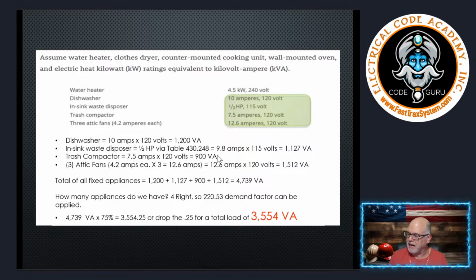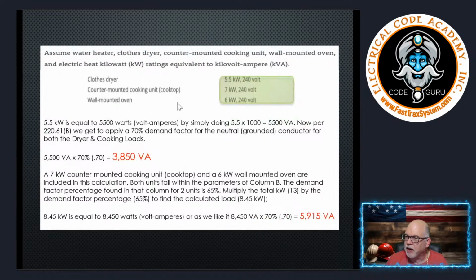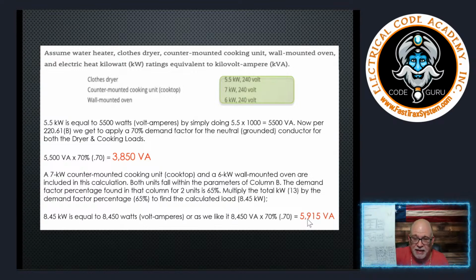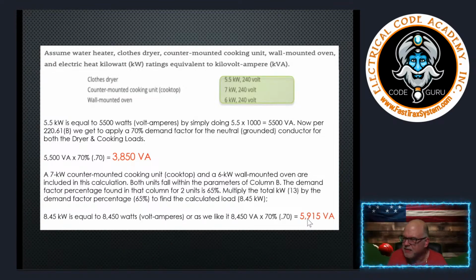There's that 3,554 that we got, check. See how we did the math? There's the clothes dryer and the cooking. All of those were done at 70% of their 5,500 and 8,450. That's how we got the 3,850 and the 5,915. That's what we got written down here. There you go. That's what we have right there. Check.